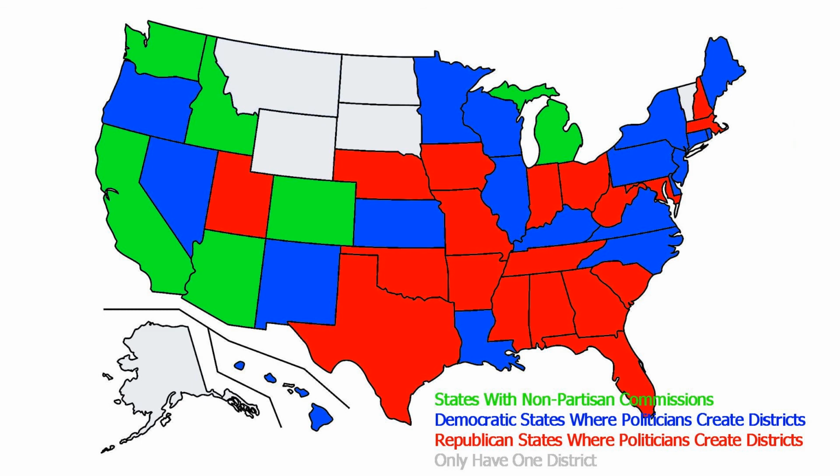Both Republican and Democratic states have the same gerrymandering problem. This needs to be a situation in which both Democrats and Republicans work together. Both Republican and Democratic states have converted over to non-partisan commissions, and so can the rest of America.